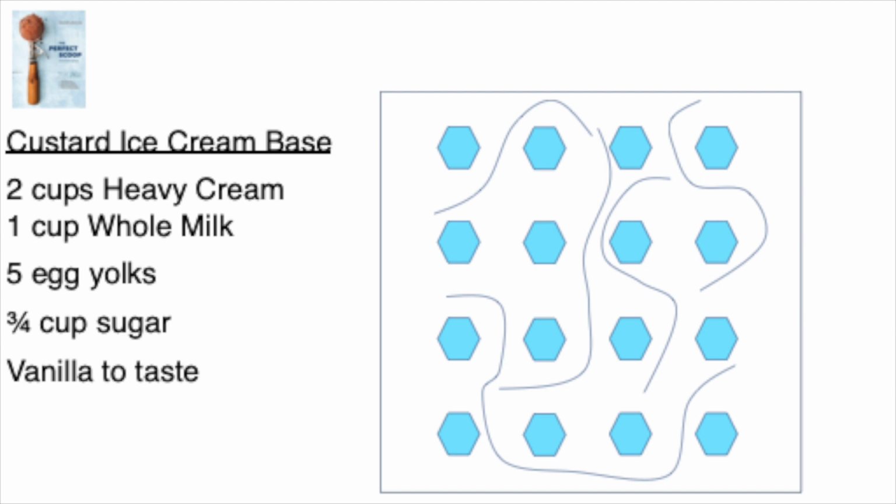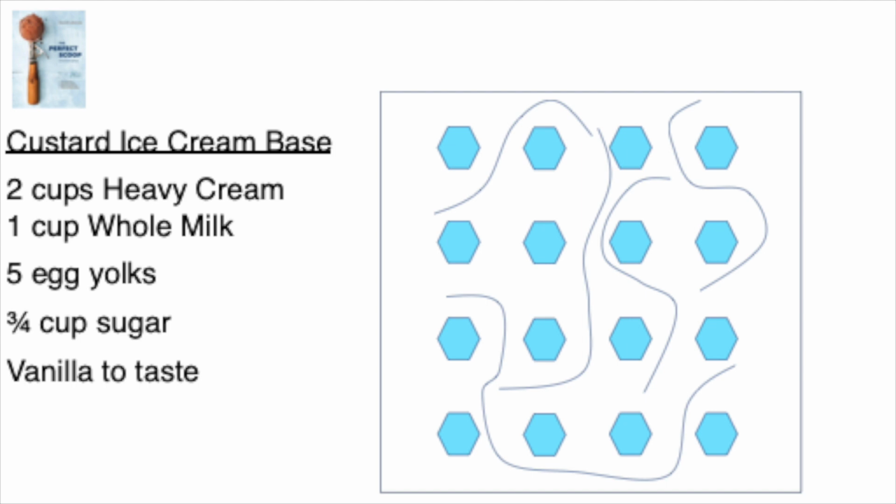This first ice cream recipe is from David Lebovitz. This is probably my favorite ice cream recipe. This is what I base most of the ice creams I make off of. In this recipe, he uses 2 cups of heavy cream, a cup of whole milk, 5 egg yolks, 3/4 cup of sugar, and vanilla to taste. So in this recipe, we're using egg yolks to thicken our ice cream base.